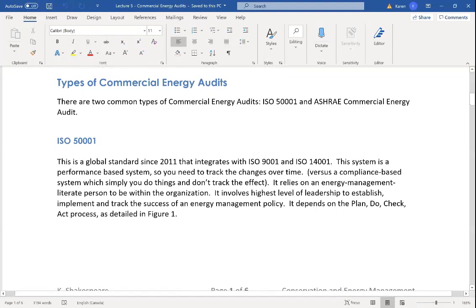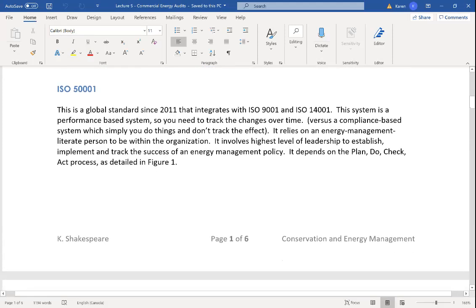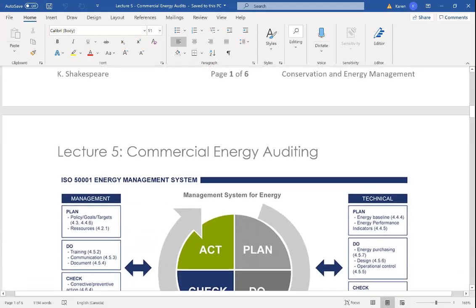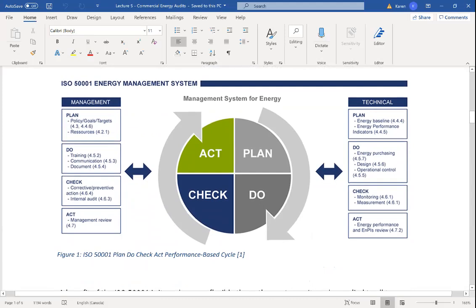So there are two major types of commercial energy audits. One is ISO 50001. This is a standard for energy audits, but it's not the one that we are going to be focusing on.